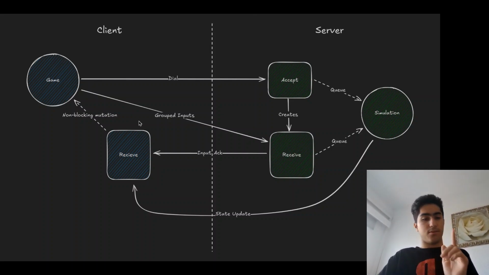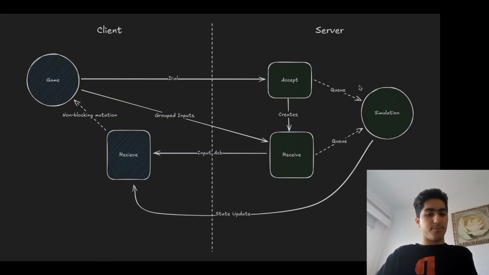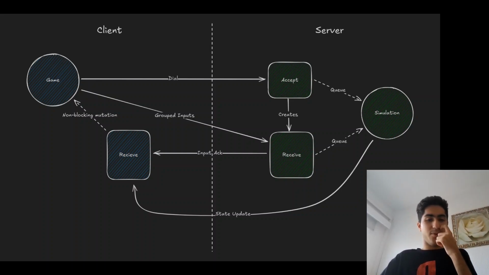Just to give you a look, the blue ones are the client side stuff, and the green ones are server side, and that's basically it, except that these dashed arrows represent weak message passing. I don't know what that term is, but I want to indicate non-blocking.